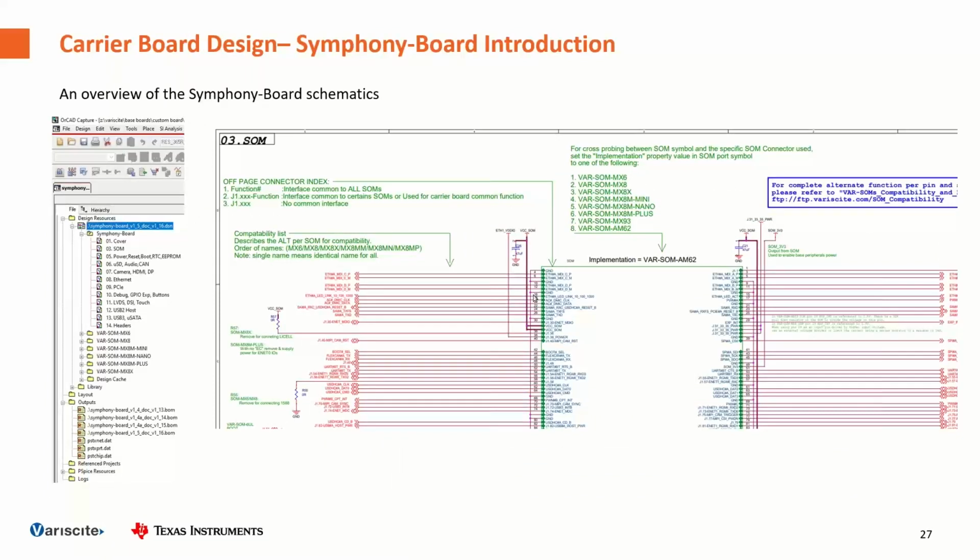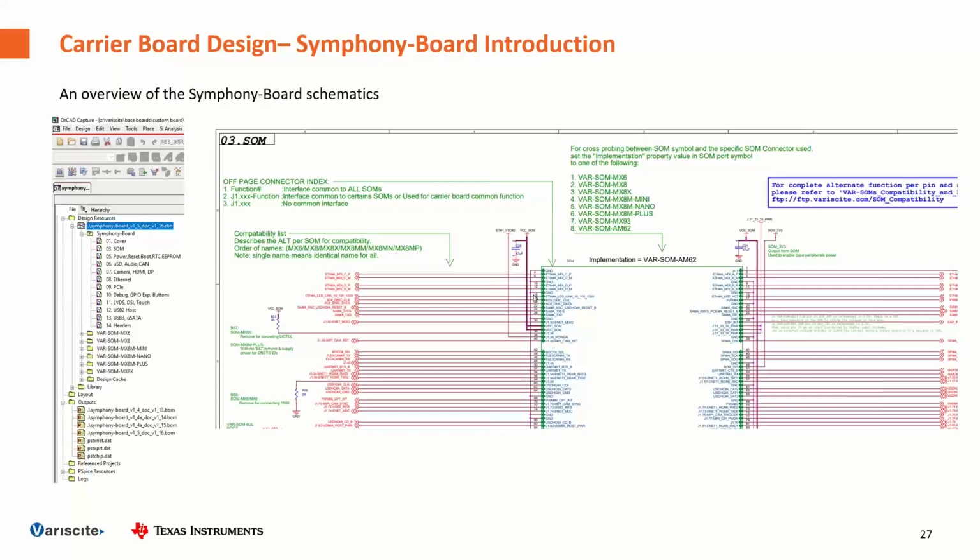Now let's move to the Symphony board. Basically, when you download the schematics, and when I say download, it's everything public, everything free. You can find the reference in the website. There are references for the FTP server. We don't have any closed document.